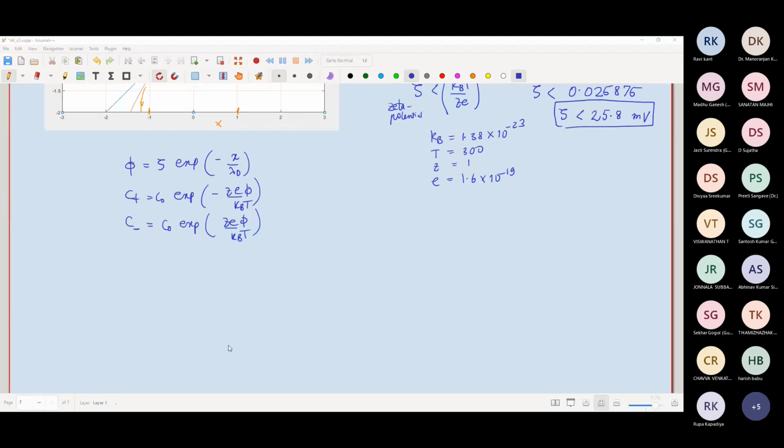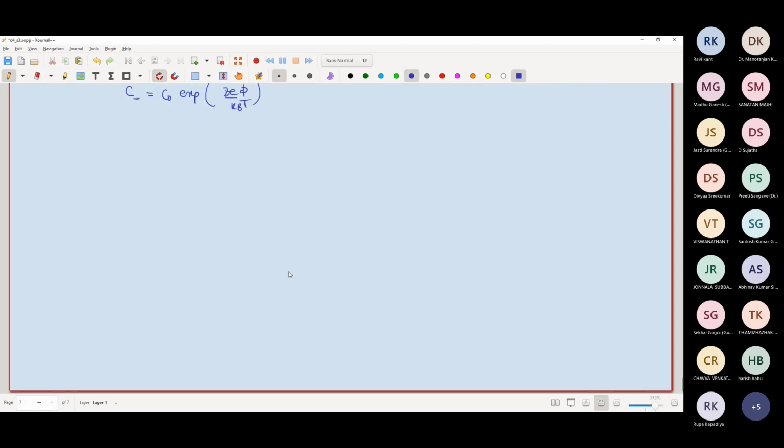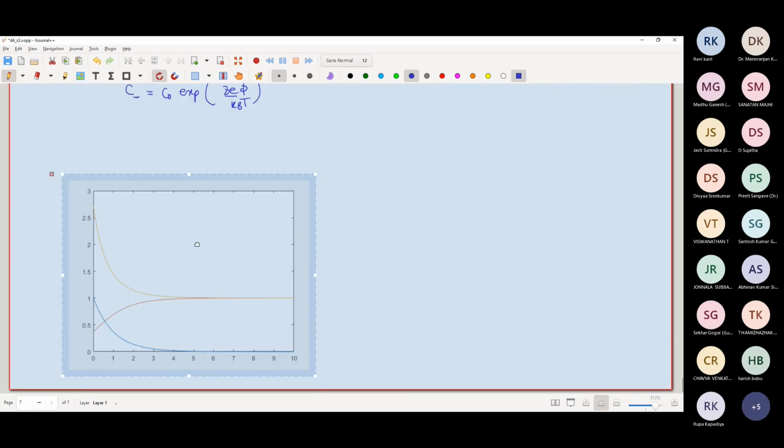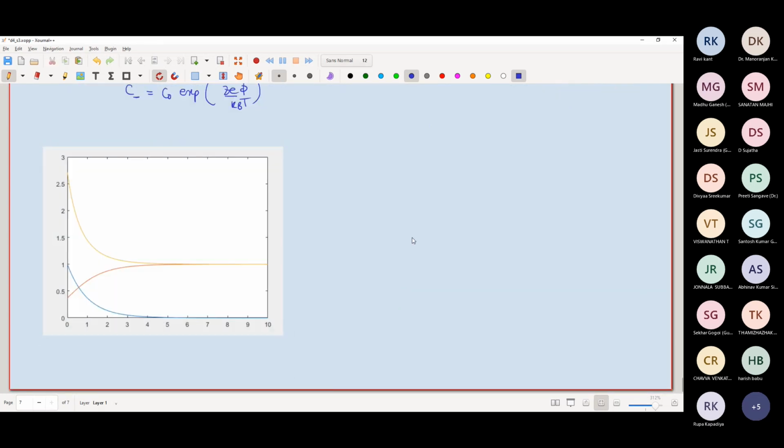So let me copy this image. This is the decay of the potential.